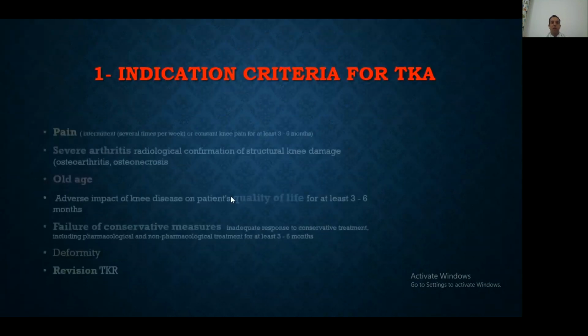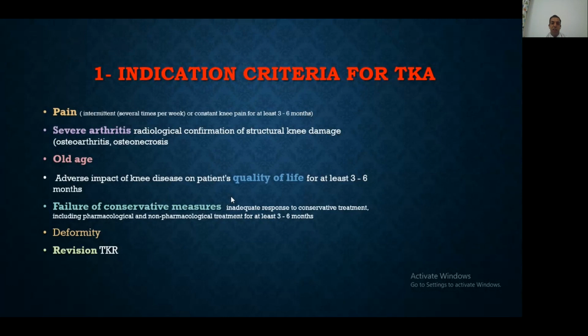Let's start with the first item, which is indication criteria for total knee. Which patient can I choose to have this major operation? Any patient with knee pain? No. We have some criteria.